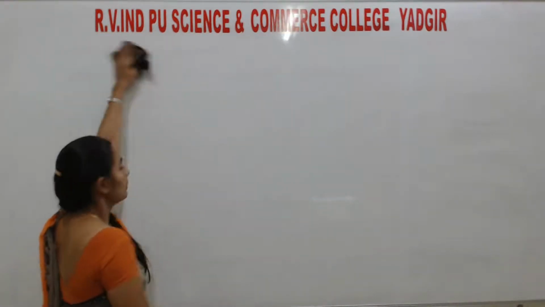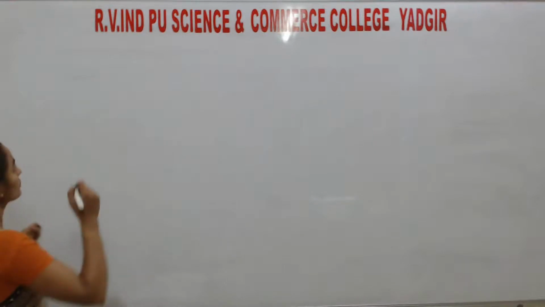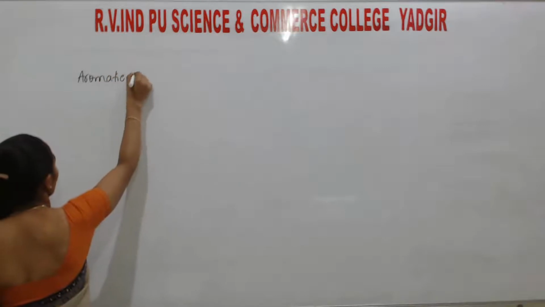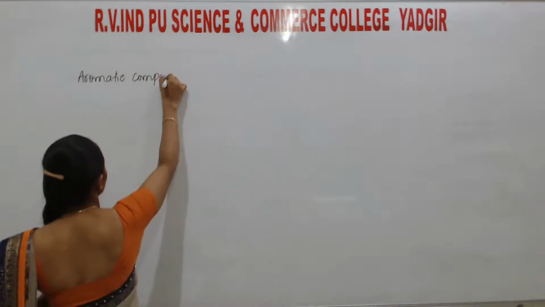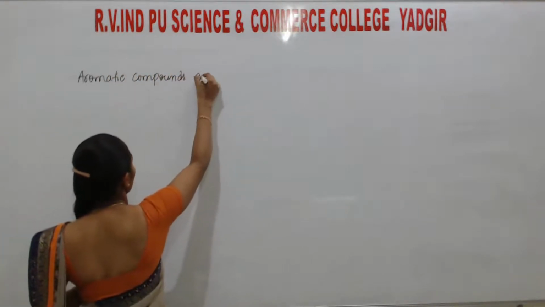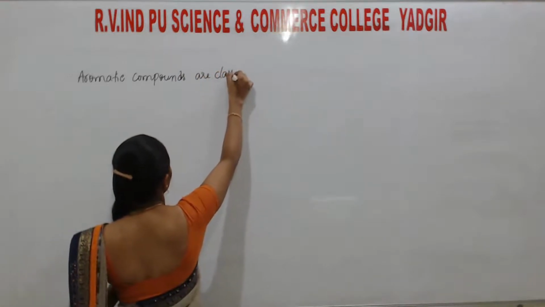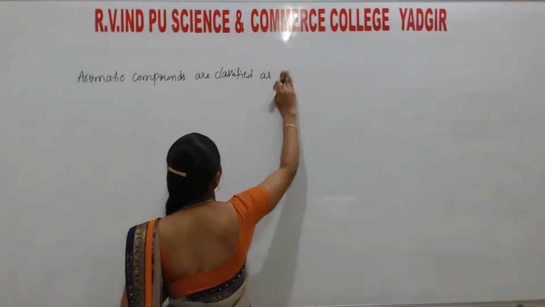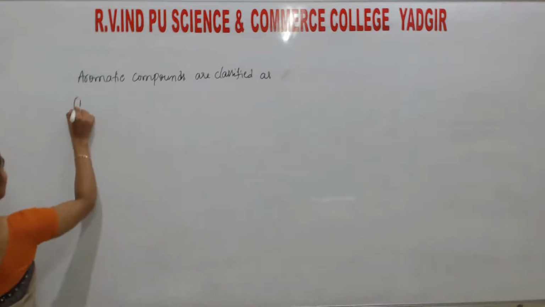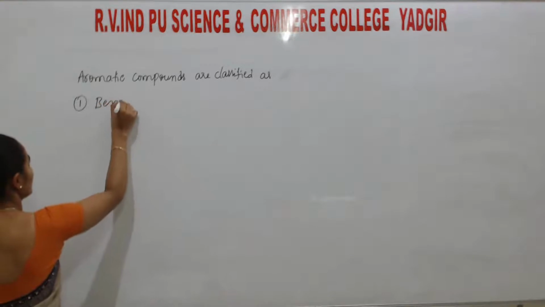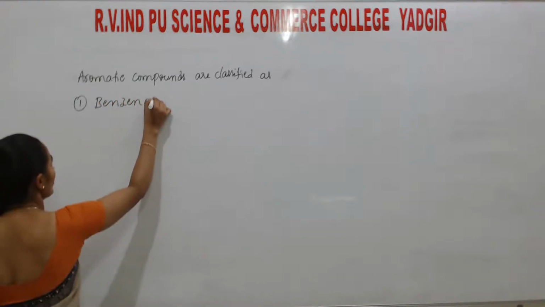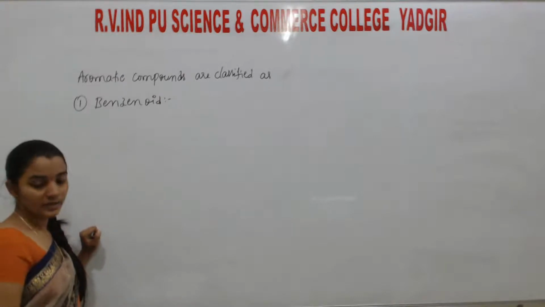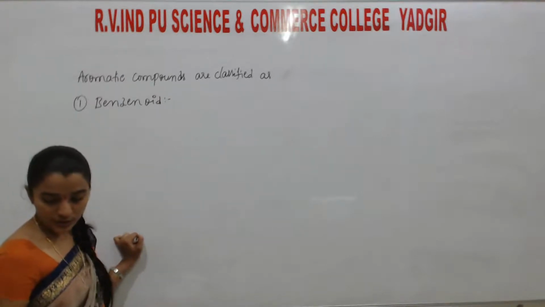Next. Aromatic compounds are classified as, first one, benzenoid. Okay, benzenoid compound.